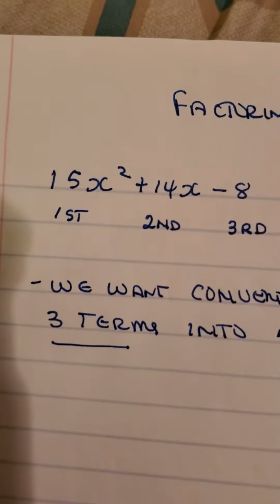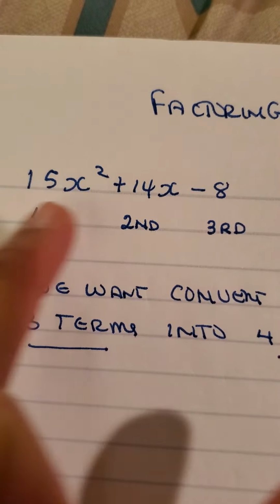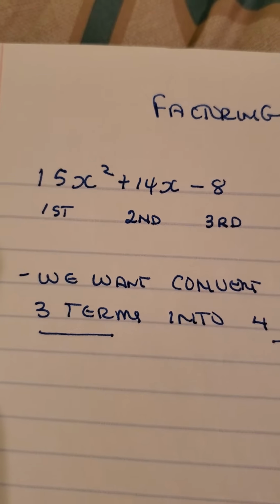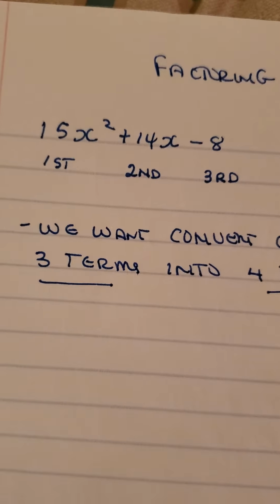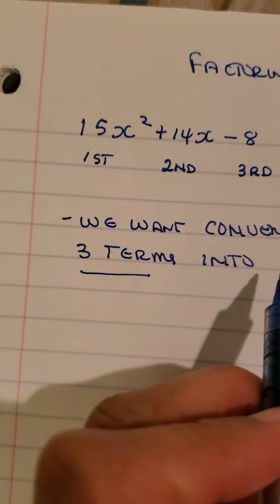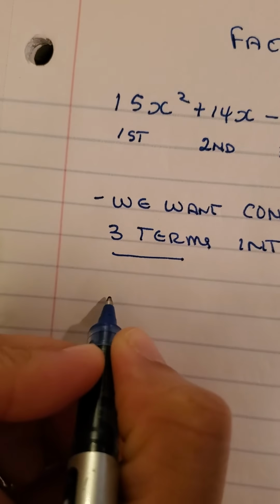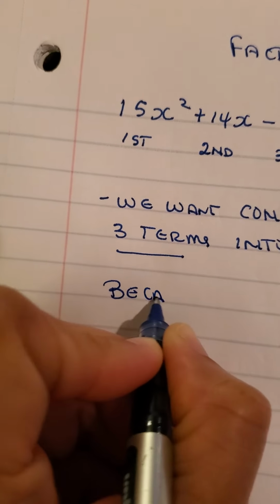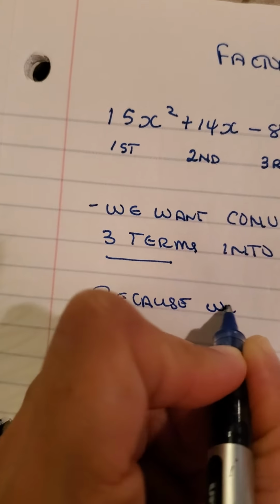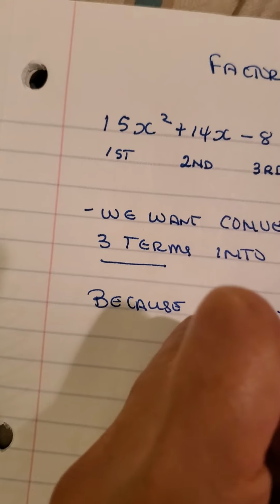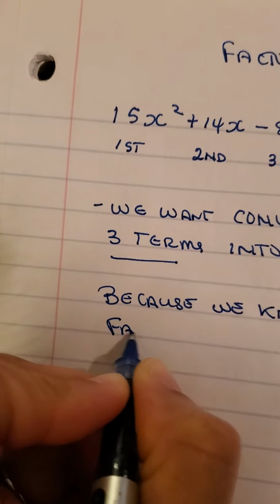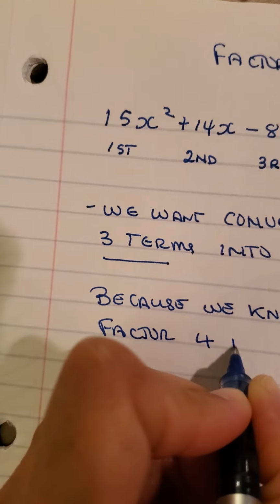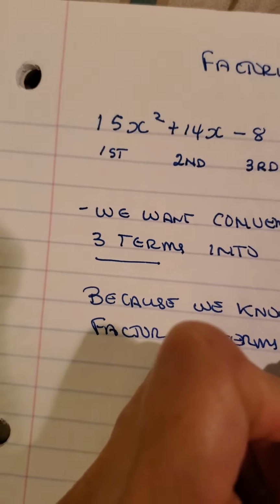We want to convert these three terms, the trinomial, into a four-term polynomial, right? Because we know how to factor four terms by grouping.